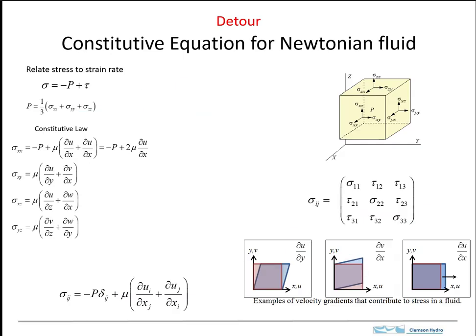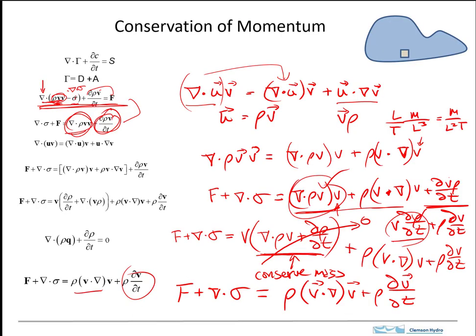So now what we have to do is, I say up here it's a detour. So we're going to take a bit of a detour and look at what will be called the constitutive equation for a Newtonian fluid. So if we go back, this term right here, that's the stresses in the fluid.